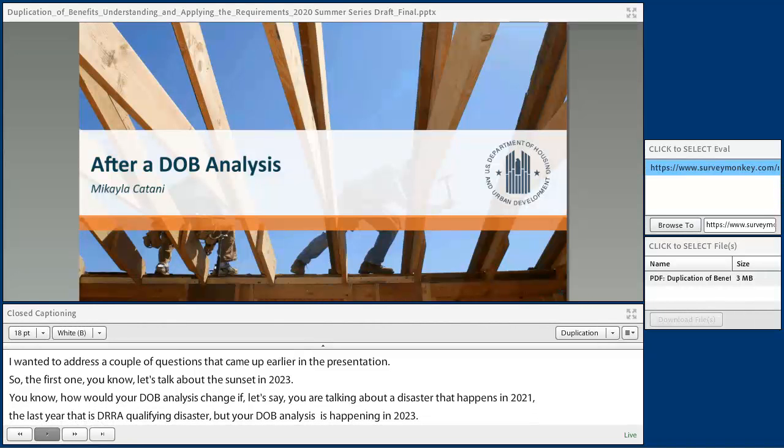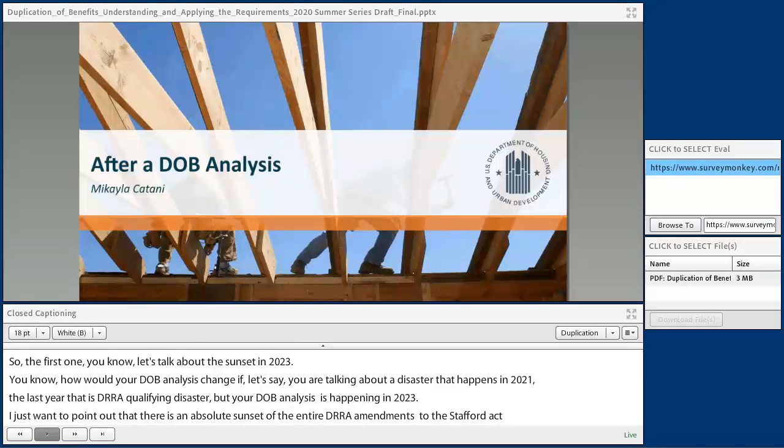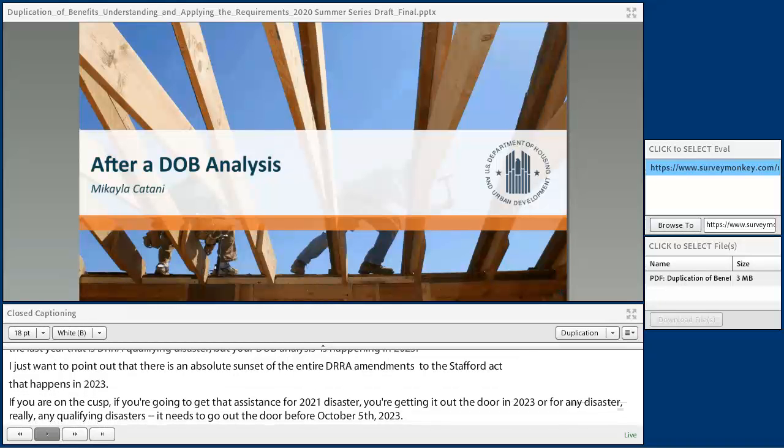So if you are on the cusp, if you're going to get out assistance for a 2021 disaster, but you're getting it out the door in 2023, or for any disaster really, any of the qualifying disasters, it needs to go out the door before October 5th, 2023, because after that, it's like Cinderella's outfit after the ball. It's after midnight and it disappears.